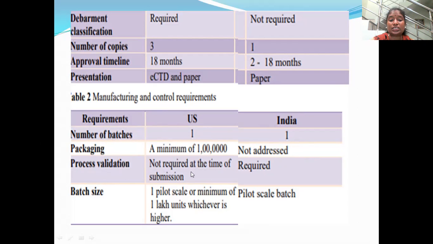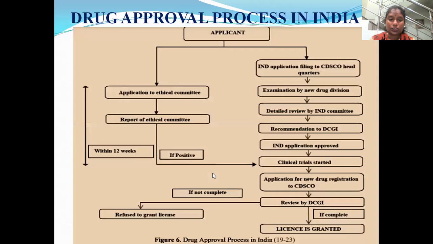Process validation is not required at the time of submission in the USA, but in India we have to submit the process validation beforehand. For batch size, in the USA the pilot scale or minimum 1 lakh units, whichever is higher, has to be submitted. In India, only a pilot scale batch is enough for submission of the application. So this is the difference between the USA and India.